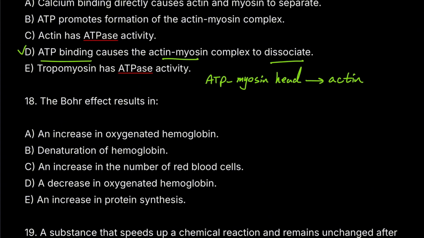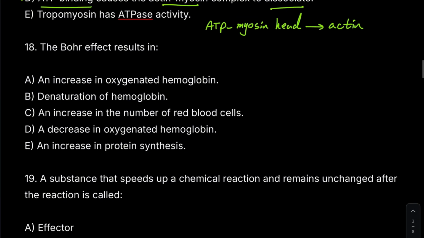ATP is then hydrolyzed to recock the myosin head, preparing it for the next contraction cycle. This ATP-dependent cycle is essential for muscle movement. Got it?